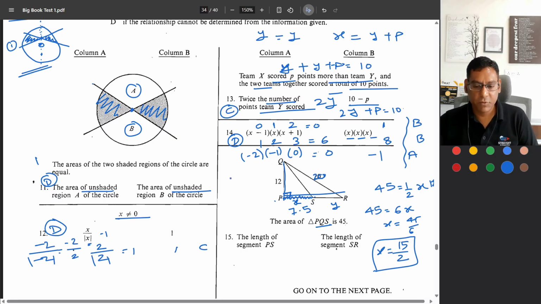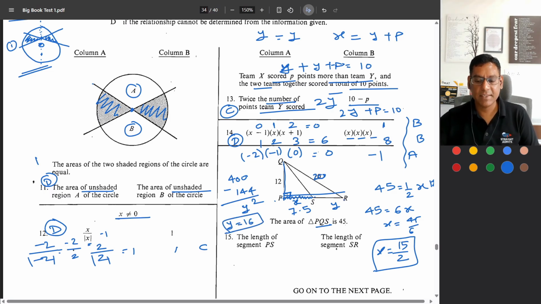So 400 minus 144 would be the square of y. 400 minus 144 is 256, which is square of y. That means y has to be 16, correct? So x is 7.5, y is 16.